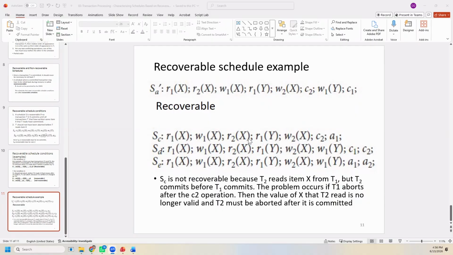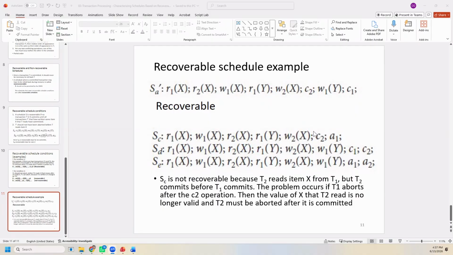Therefore, if it is recoverable, what should happen? C1 should commit, no? C1 should commit. That means the transaction who did the modification should commit first. But what happened? The modifying transaction did not commit, but another one, the transaction that read the modified data, is committing.